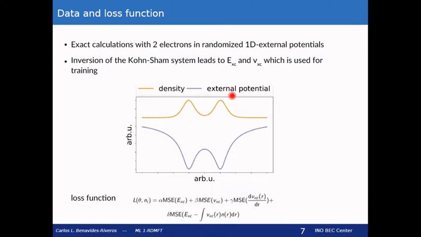Here is 1 density, and here is the corresponding external potential of that density. And from there, we produce also the exchange correlation potential and the exchange correlation energy. So the loss function we use, and I think, okay, this work was 3 years ago, so maybe right now it is a little bit obvious that one can do this, but at that time it was not so obvious. So we trained the exchange correlation energy here, but also the exchange correlation potential as the exact functional derivative of the exchange correlation functional.